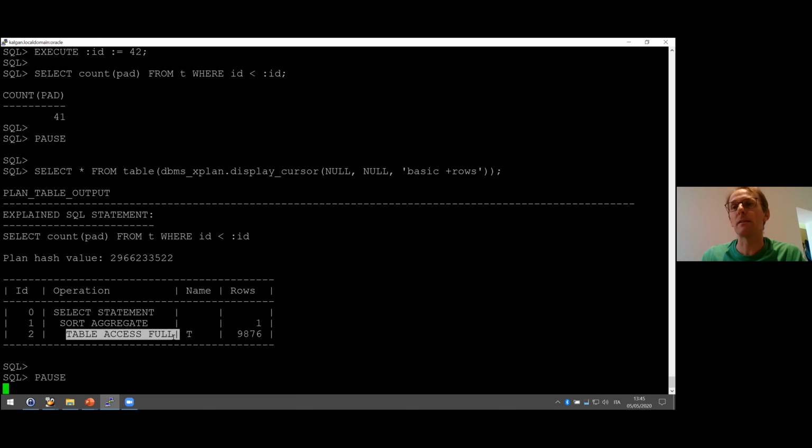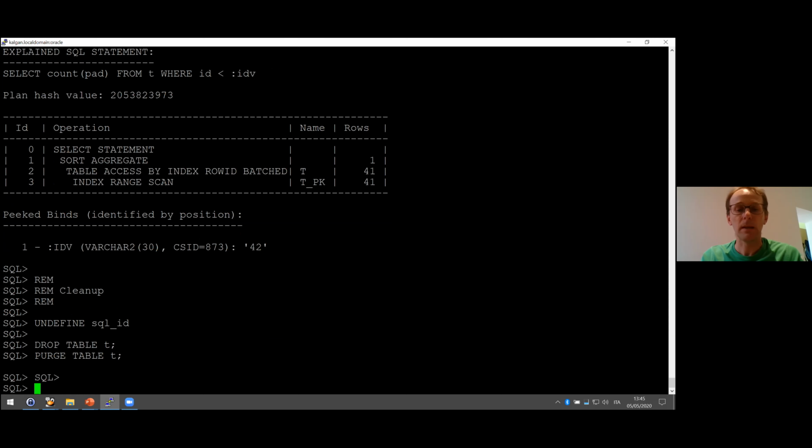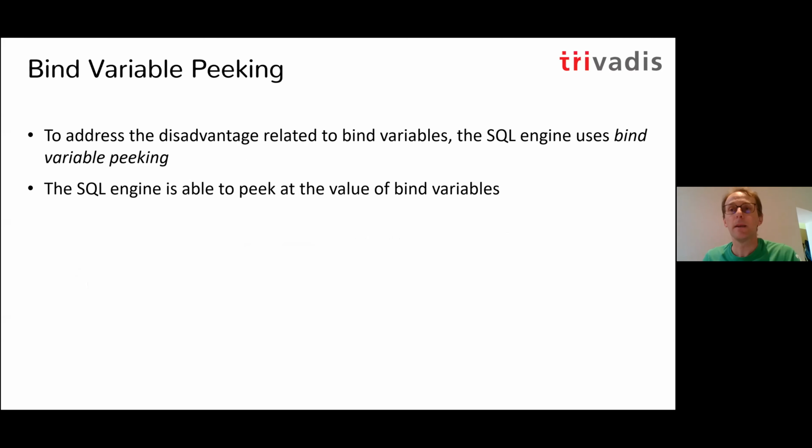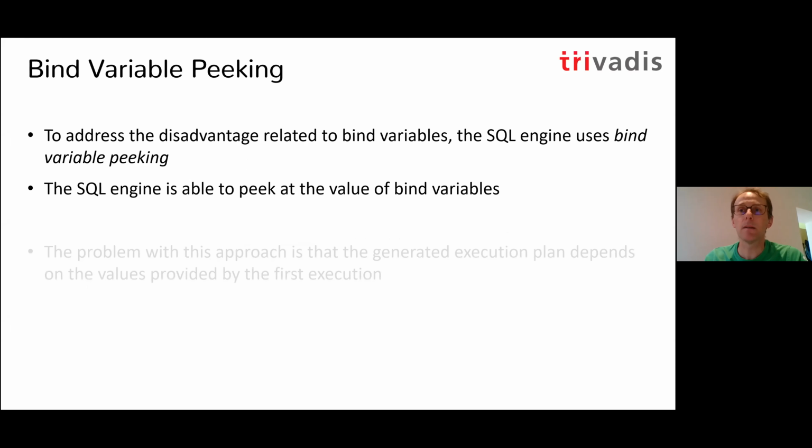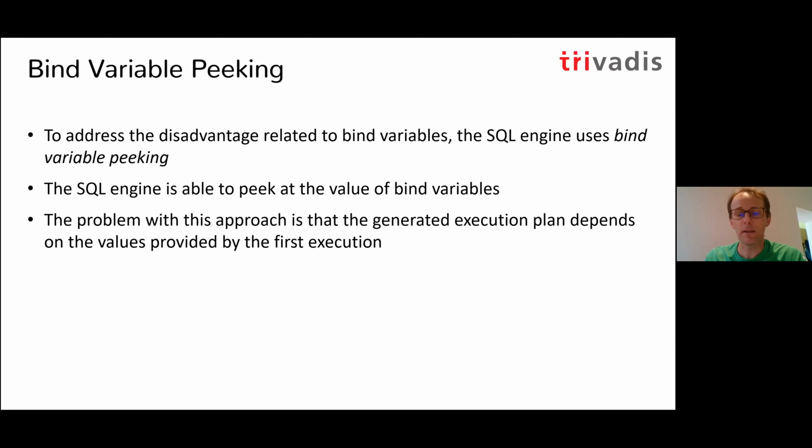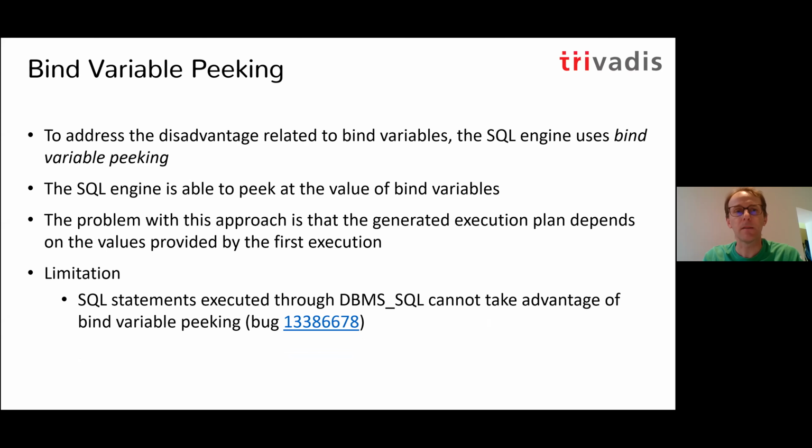On the one hand, with bind variable peeking, sorry, they provide more information to the optimizer, but from the other side, they might lead to some suboptimal execution. The execution selected by the optimizer clearly depends on the value that was picked during the first execution. So depending on the situation, it might be good or might be bad. So be careful: bind variable peeking introduces some advantages, but also some disadvantages.